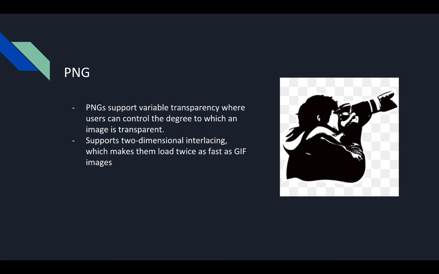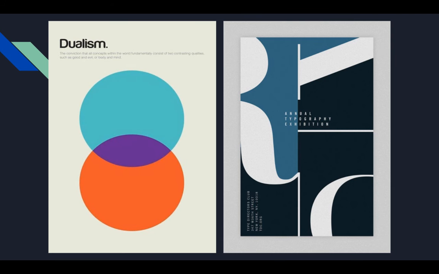And the transparency can vary in degrees. So you can have semi-opaque backgrounds instead of completely transparent. And they support two-dimensional interlacing, which makes them load twice as fast as GIFs.